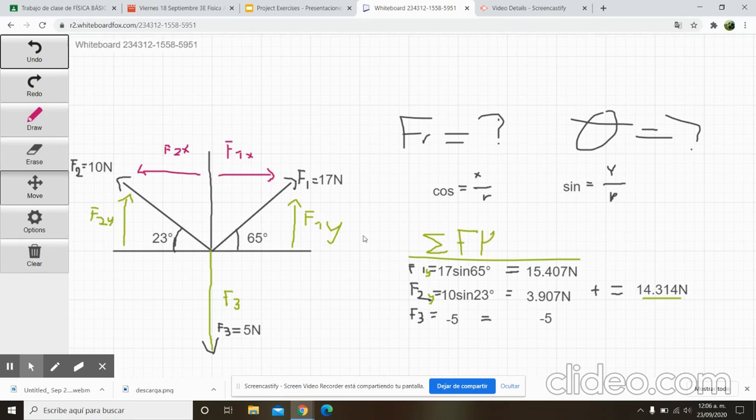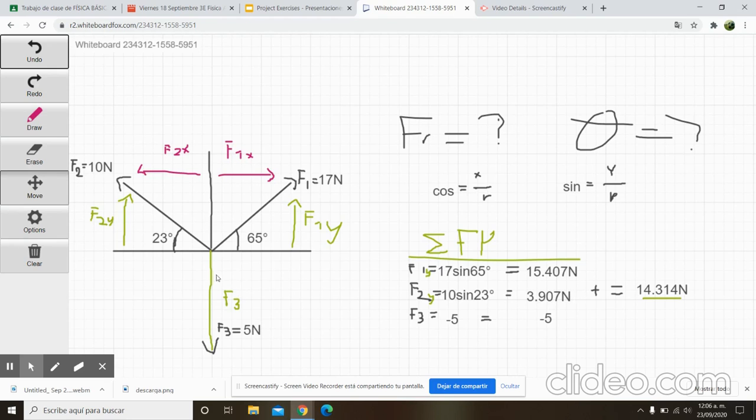Then for force 2y, we have 10, with sine and the 23 angle. If we put it in the calculator, it's going to be this result.